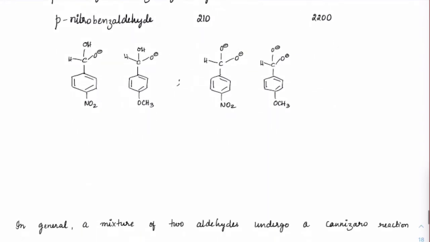Suppose, let me clarify that. Suppose you have benzaldehyde C=OH and OH minus is attacking here, and if we have C=OH with NO2, OH minus is attacking here, correct?